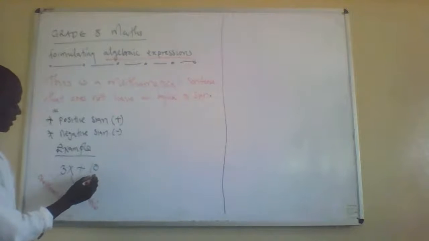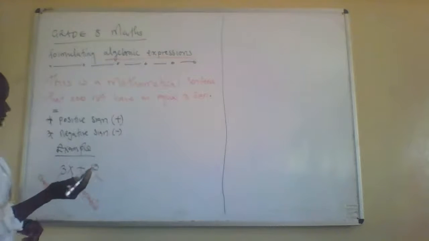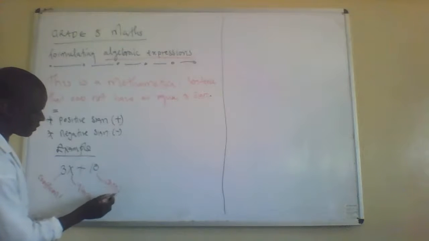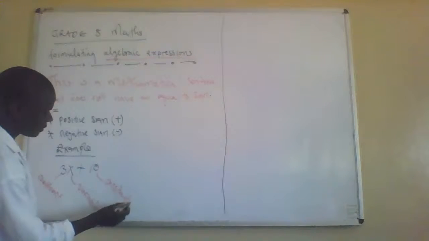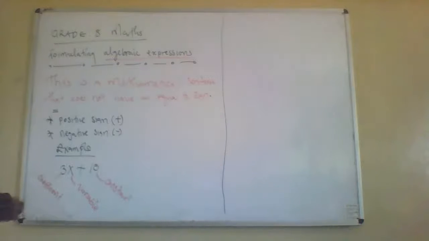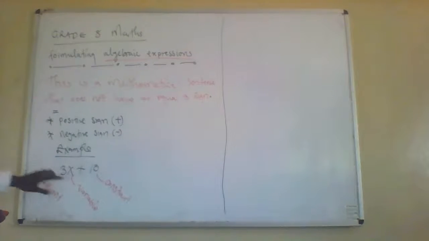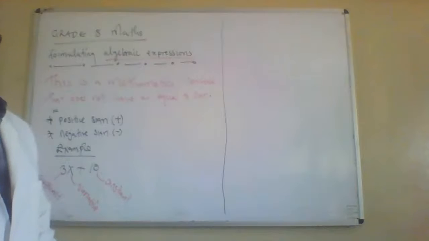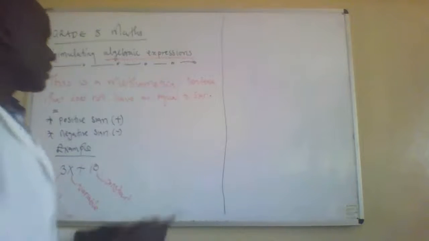Then there's also this number 10, which does not have any variable. Therefore, this number is called the constant. Most of the time, algebraic expressions will contain these three things: a coefficient, a variable, as well as a constant. Now, let's understand these three things. What is a coefficient?